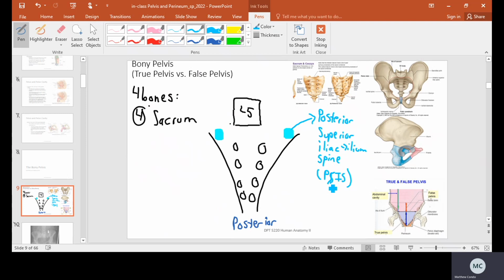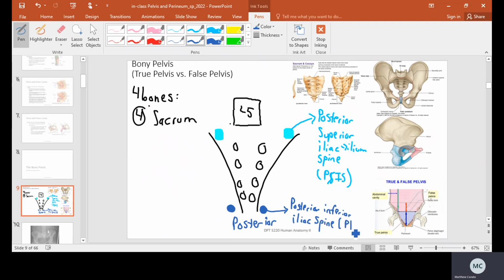Now, you guys know this because you guys are pretty good. If I have a superior one, it means I've got to get an inferior one too, right? So way down here, and again, this is going to be another part of the ilium, is going to be the posterior inferior iliac spine.